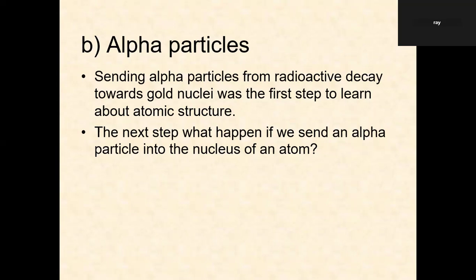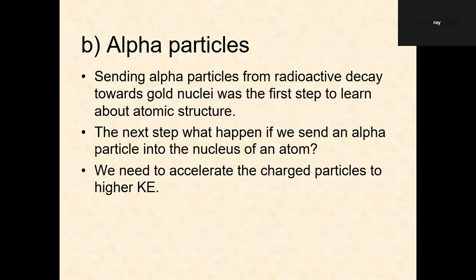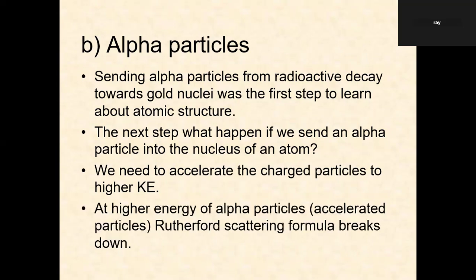Remember, alpha is positively charged. Before, we sent it at low energy, the energy from decay, so it doesn't have the energy to go into the nucleus. Now we want to accelerate the alpha particle so it has greater energy to go into the nucleus. We need to accelerate the charged particle to higher kinetic energy.